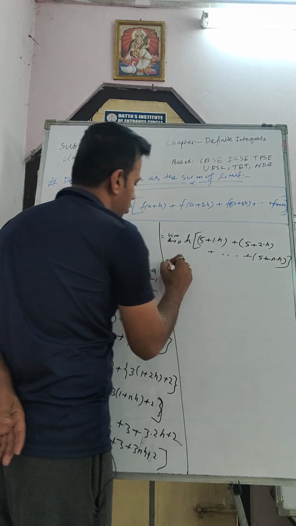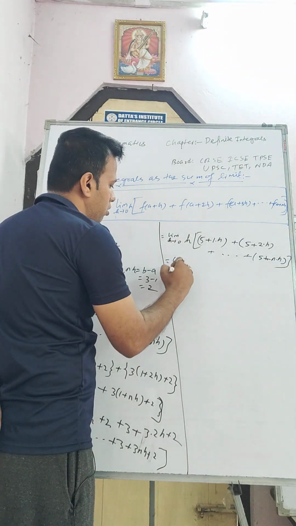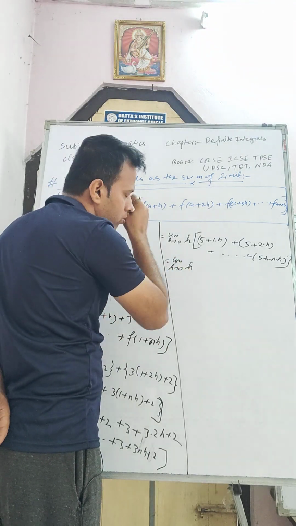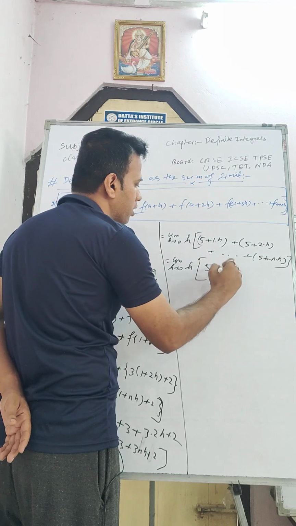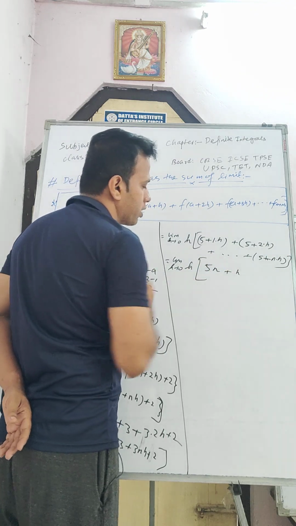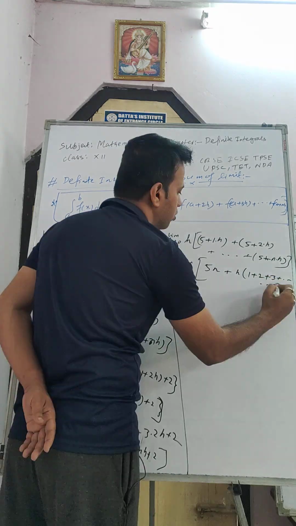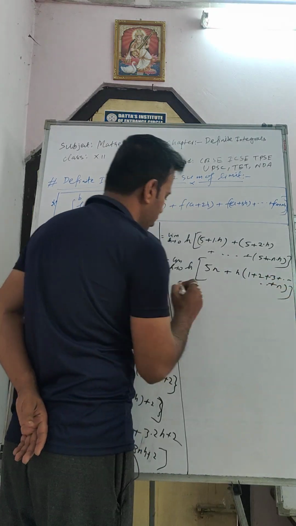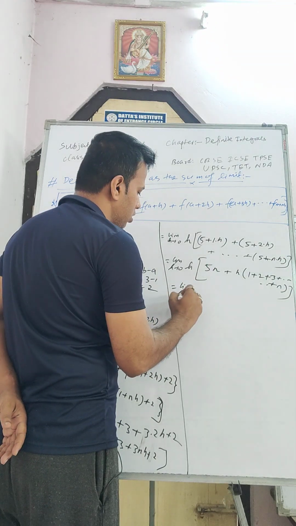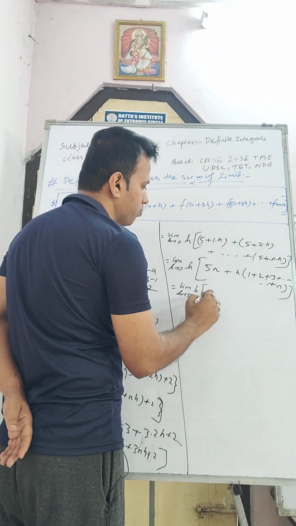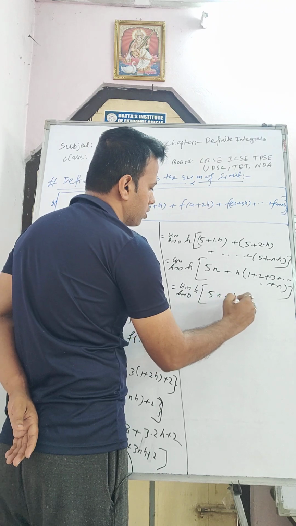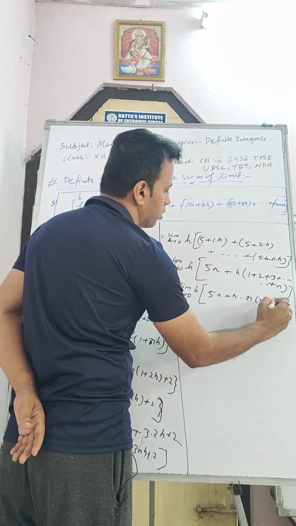Now limit h tends to 0, h into [5n plus h times (1 plus 2 plus 3 plus ... up to n)]. So limit h tends to 0, h into [5n plus h times n into (n plus 1) by 2].